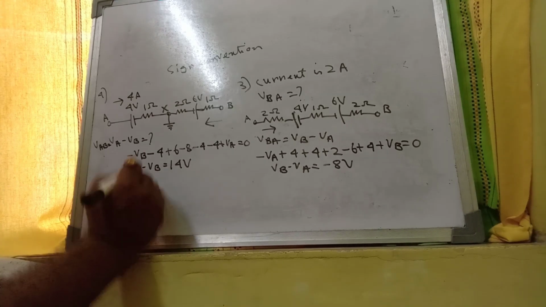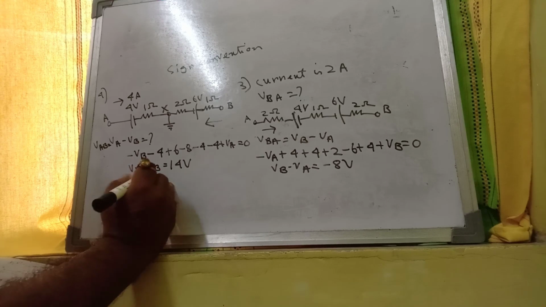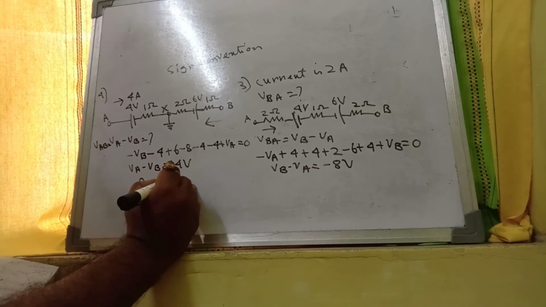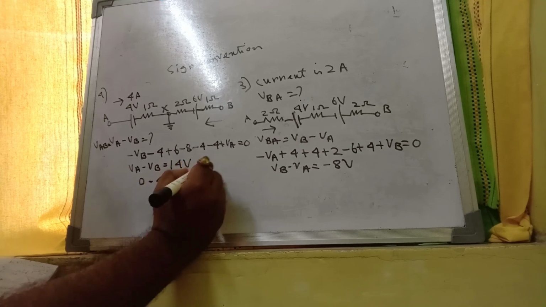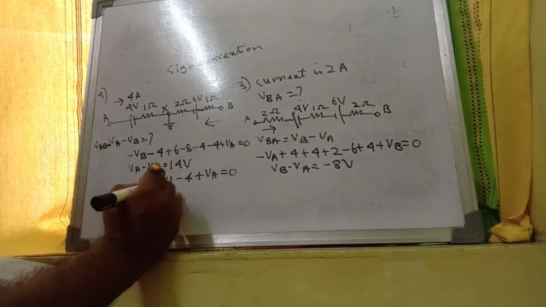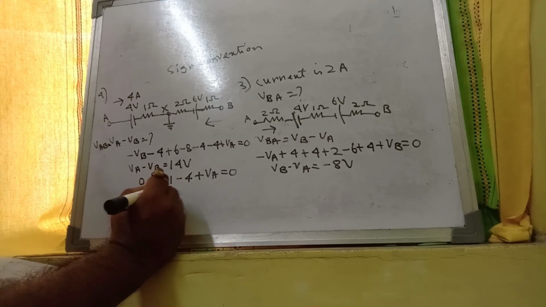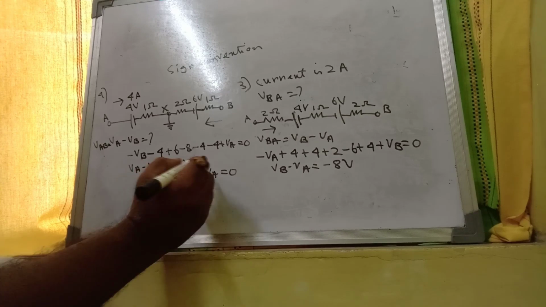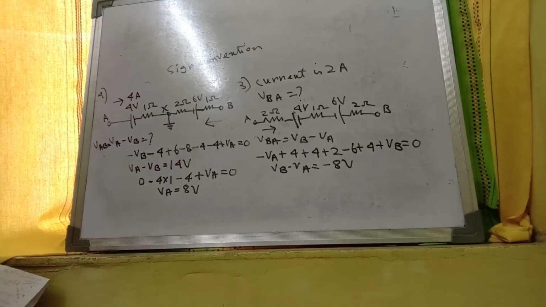So it's grounded, so 0 minus 4 into 1 minus 4 plus VA is equal to 0. So on calculating, I find VA comes 8 volts. So that is the result. So I have done the fourth sum.